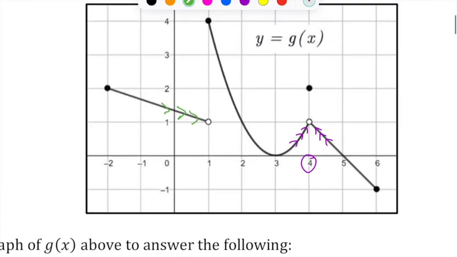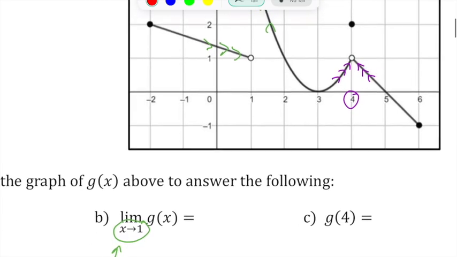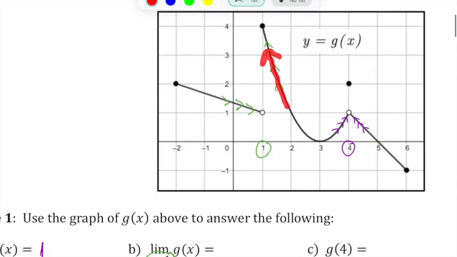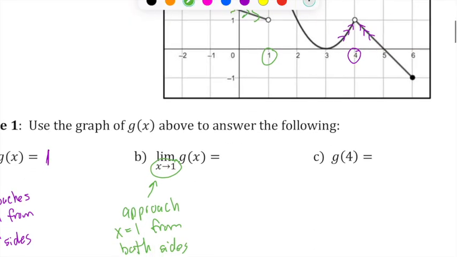But notice what happens when we approach it from the right. This value approaches 4, y equals 4. So which one is correct? When we approach x equals 1 going to the right, it equals 1. But if we approach it going left, it equals 4. So since these do not match, we say that the limit does not exist.